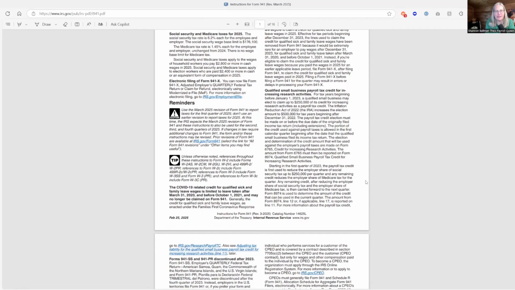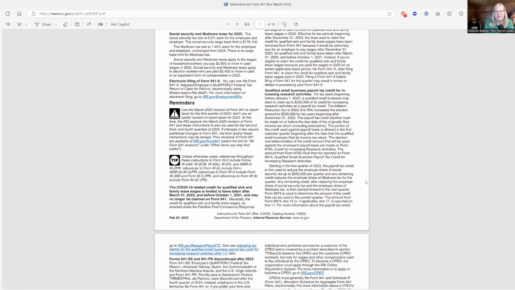So what this says is up until the tax period that ends December 31st, 2022, you can claim up to $250,000, and after January 1st, 2023, you can claim up to $500,000.